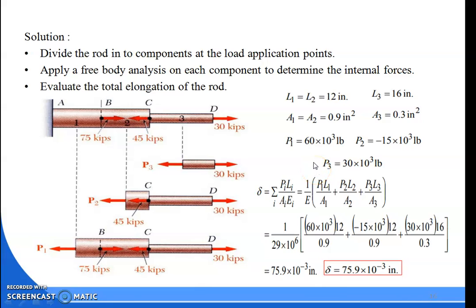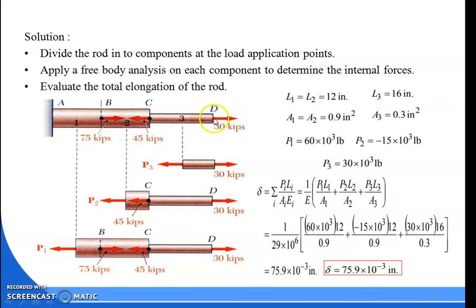Then by adding them using this formula, we can get the value of total deformation or total elongation of the whole body. First of all, we start our calculation from section 3.